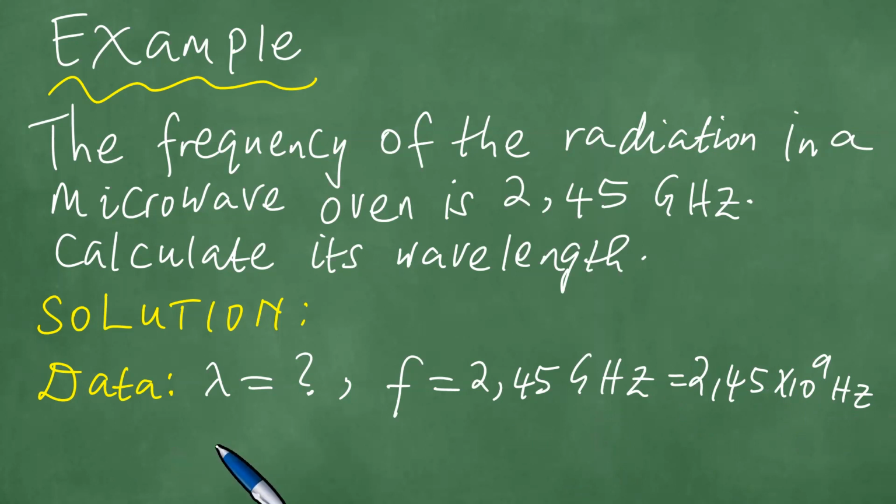Okay, now there's something that we have next. You have the C. And C, we said that it is the speed of light in a vacuum, and it is a constant, and therefore it is 3 times 10 to the power 8 meters per second, like so.